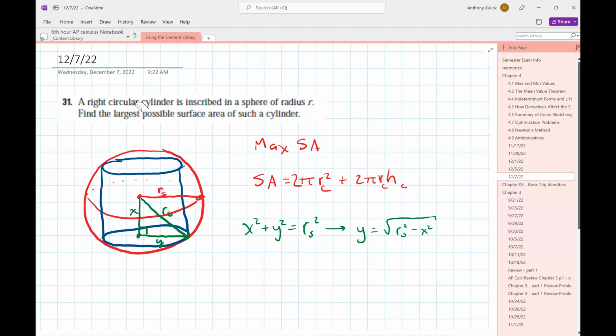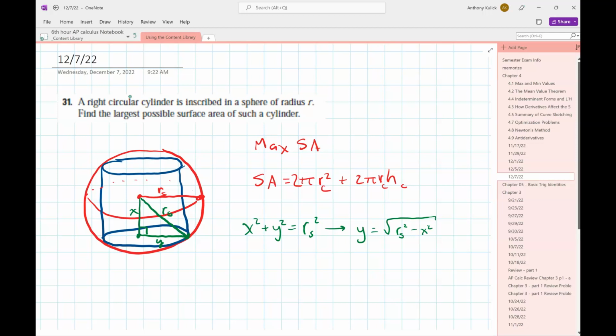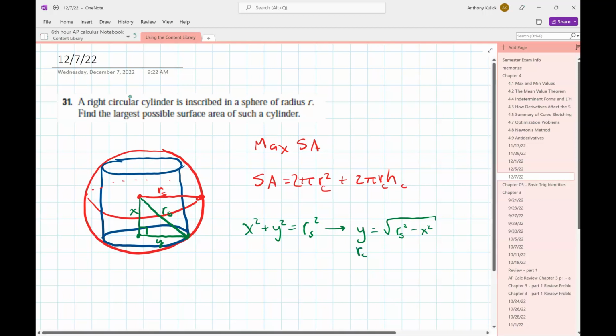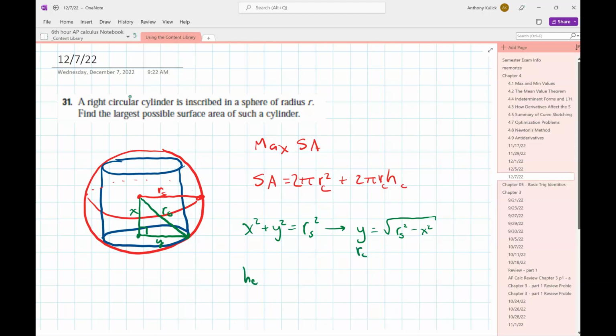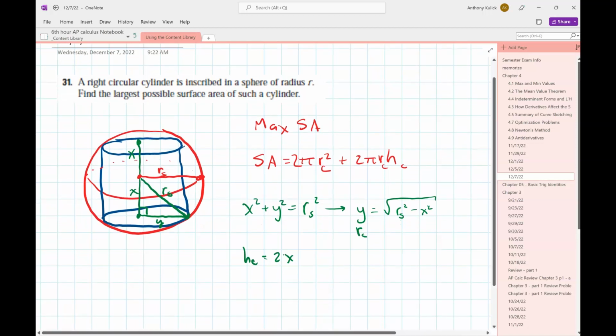Now, why did I drop the plus or minus here when I square rooted both sides? It's a length. Yep, it's a distance, it's a length. Good. What's the height of the cylinder then going to be? Yes, good. So that piece has to be x also. All right.